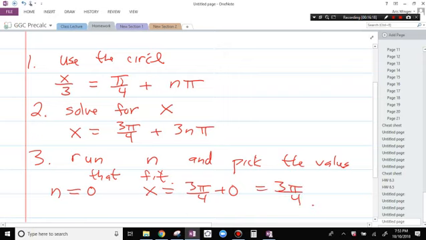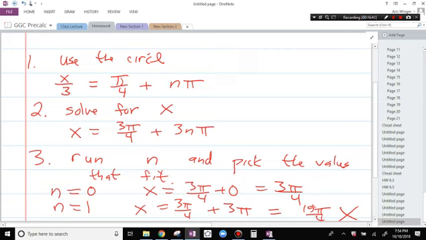And that looks like that's going to be the only one. When n is 1, you get x is equal to 3 pi over 4 plus way too much. Right? That's 15 pi over 4, which is bigger than 2 pi. One and only one answer.